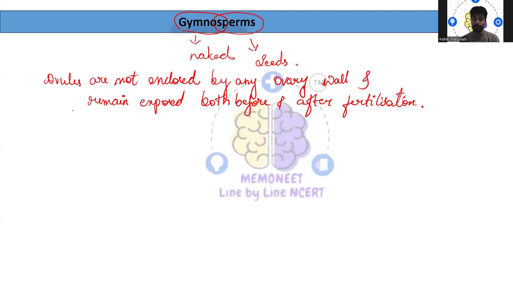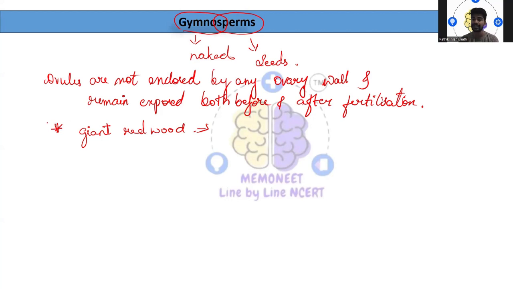Then the size of the plants ranges from medium-sized plants to very tall trees. One such example is the giant redwood, which is one of the tallest trees among the gymnosperms.